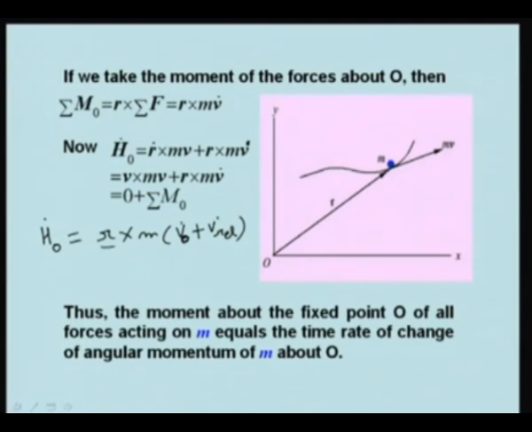If you can somehow make R cross V dot O equal to 0, then this equation can be written as h dot O is equal to R cross m vl. That means I can have the relative velocities only. So the third condition is that V dot O is in the same direction as R. That means that particle is accelerating towards or away from the point. In these situations, this can be used.